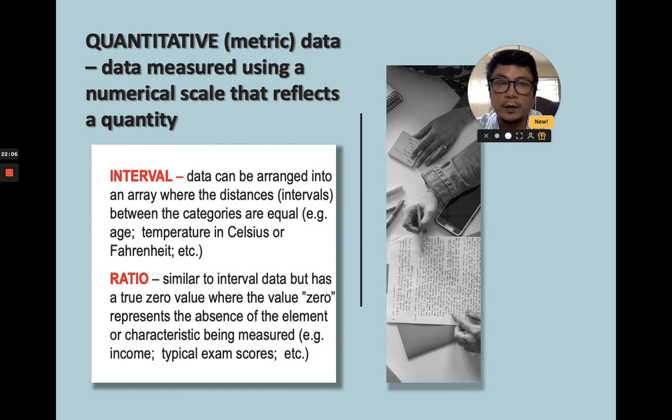So interval and ratio data, because they have numerical value, reflect true quantities. These are the only data that we can correctly apply mathematical operations on. We can add, subtract, divide, multiply, and do any kind of mathematical operation, and therefore any kind of statistical operation on these kinds of data.